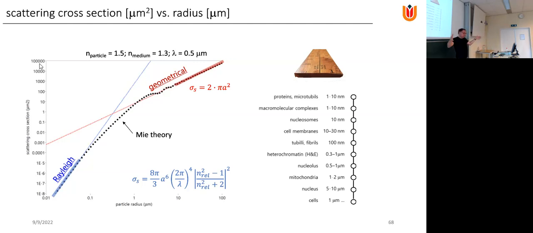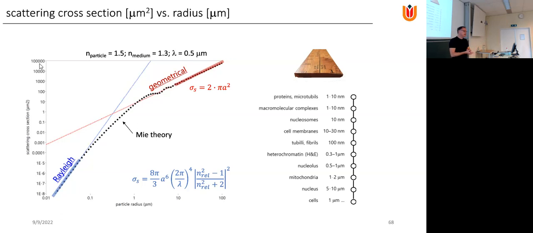For a very large particle compared to the wavelength, you can kind of split this intuitively into two components: light that hits the particle and light that passes the particle. Light that hits the particle is either reflected or refracted, just like in the water drop and the rainbow. And the light that basically does not hit the particle is diffracted around its edges.